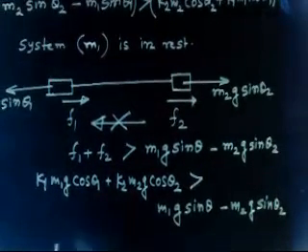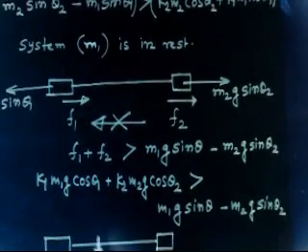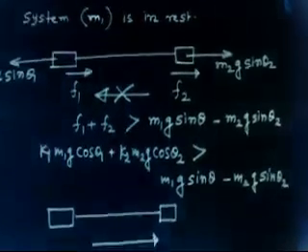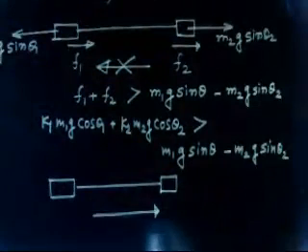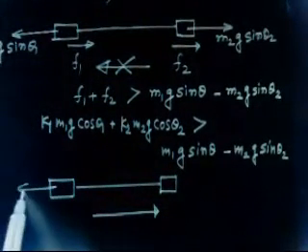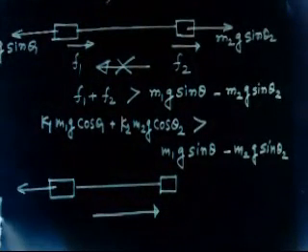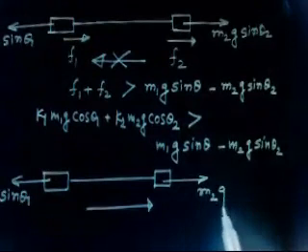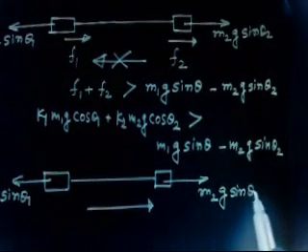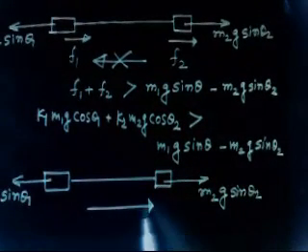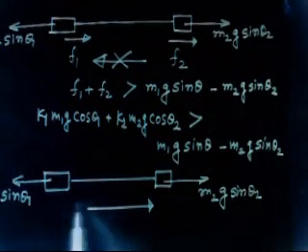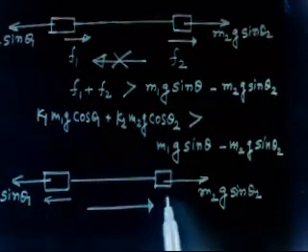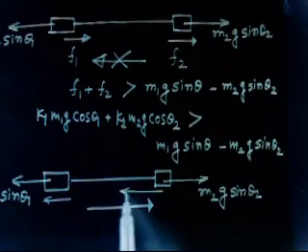Now let us say next, if the system has a tendency to move in this direction, I do not want my system to move in this direction. The forces are m1g sin theta 1, and on this side m2g sin theta 2. Now my system just wants to move in this direction, so on this the friction force will act in this direction, and on this again the friction force will act in this direction.